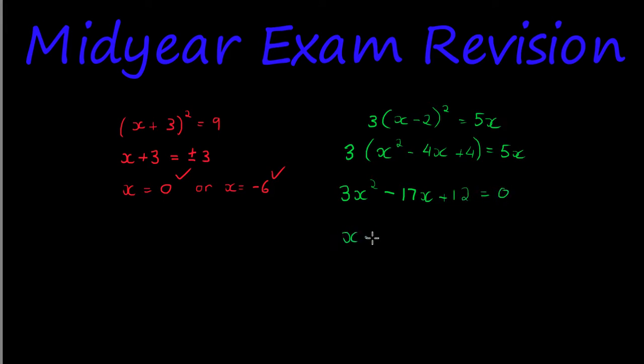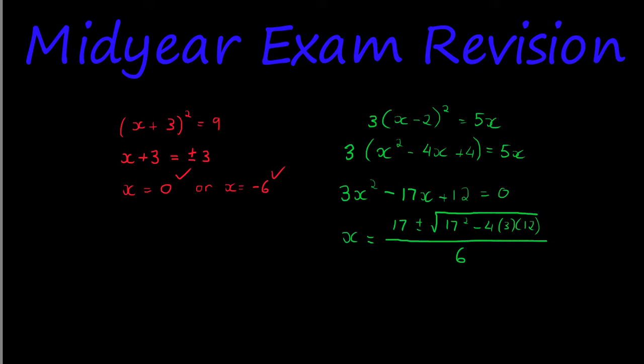So we substitute this into our formula. X equals minus b, which is already negative 17, so negative negative is positive 17, plus minus the square root of b squared, that's 17 squared, minus 4 times 3 times 12, divided by 2 times a, which is 6.